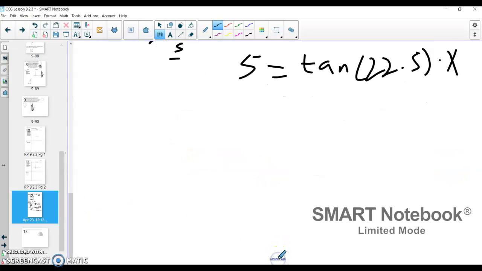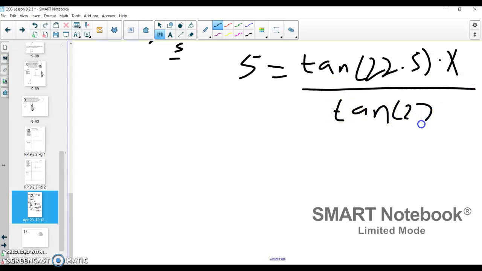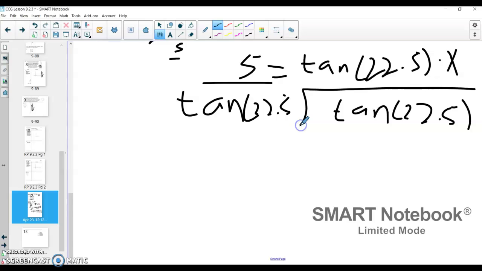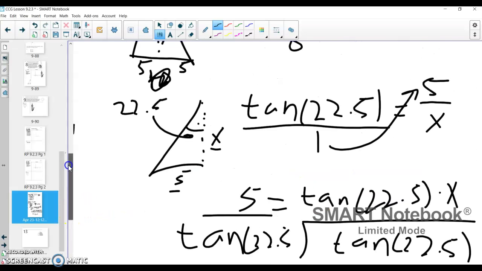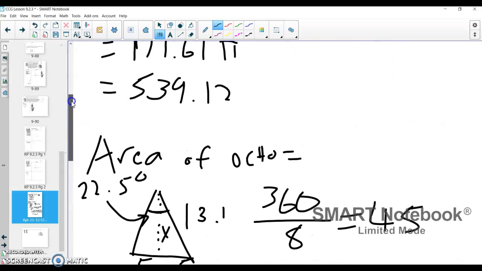To get x by itself, I need to divide. So I divide by the tangent of 22.5 on both sides. And this gives me an answer for the height, because x is my height. It gives me 5 divided by the tangent of 22.5, which gives me 12.07.